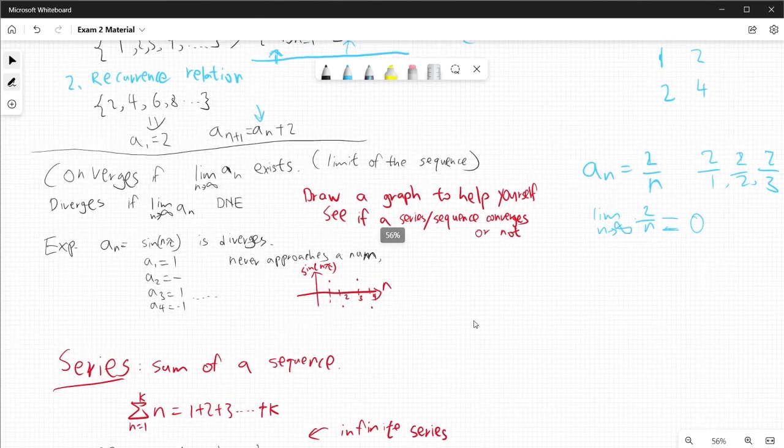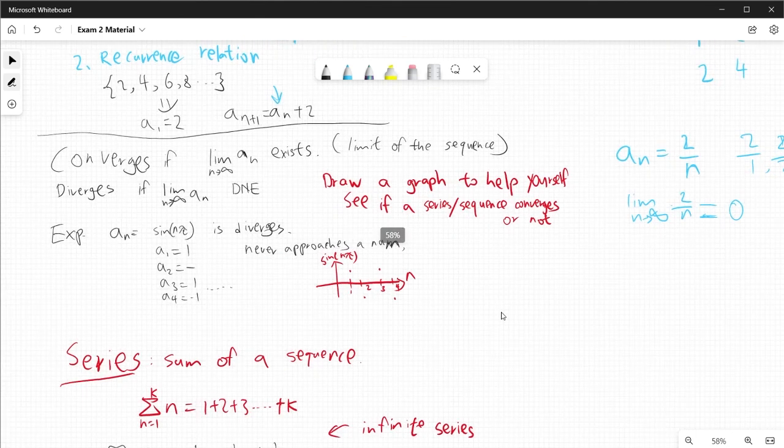And the other example I often bring up is sine and cosine, the sinusoidal ones, where you have a sine of n pi, right? You're going from the first number being 1, and this is -1, right? If you can't really visualize what this is, I would recommend drawing a graph.